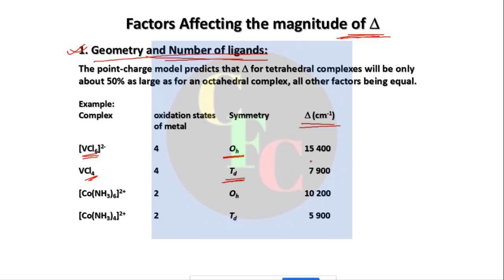You can see it is less than half, or nearly half. Another example is shown here, cobalt and ammonia in octahedral and tetrahedral. Here also it is nearly 50%. So geometry and number of ligands is the first factor to consider when you consider the magnitude of delta.